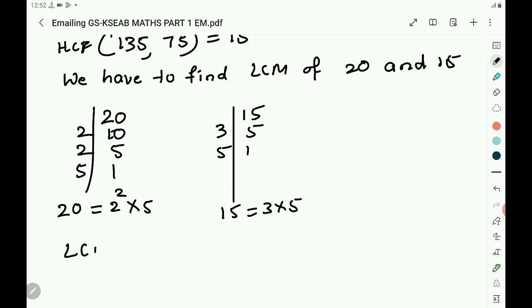Then LCM. LCM equals, here 2 power 2 is there and 5 is there. So 5 is common, write that 5. And here what is remaining? 2 power 2. And here the extra is 3.